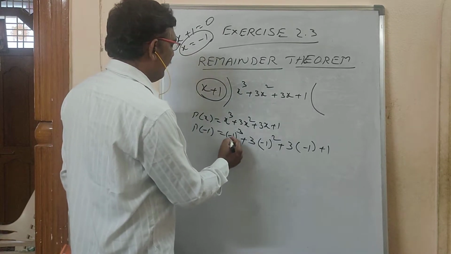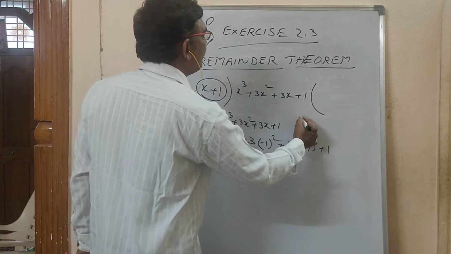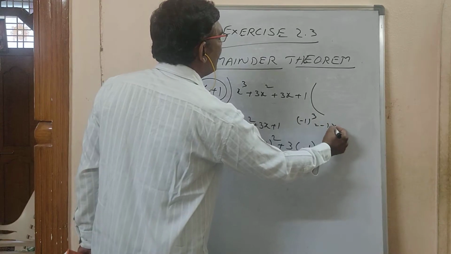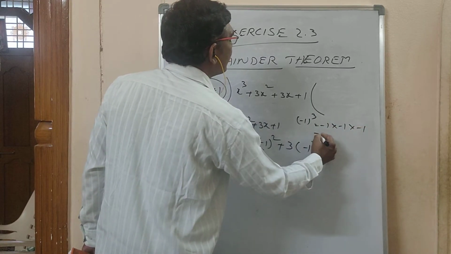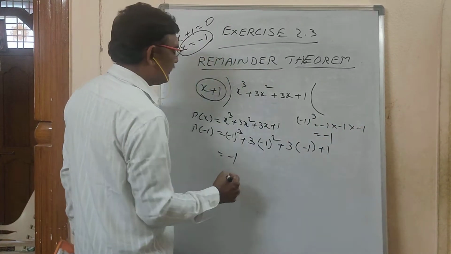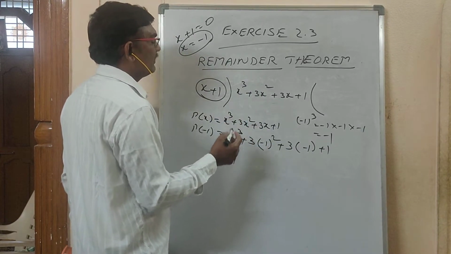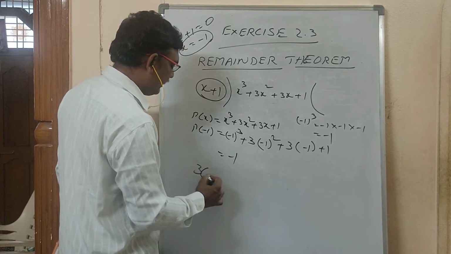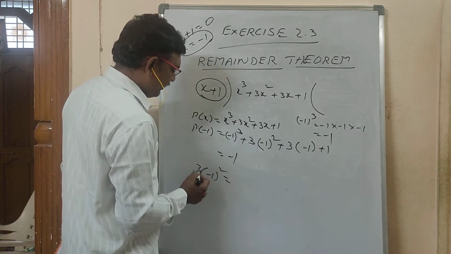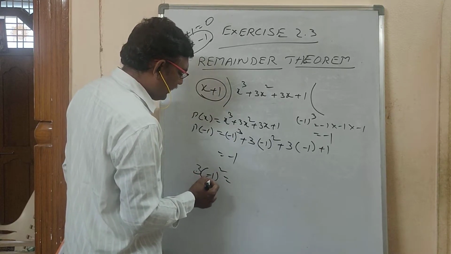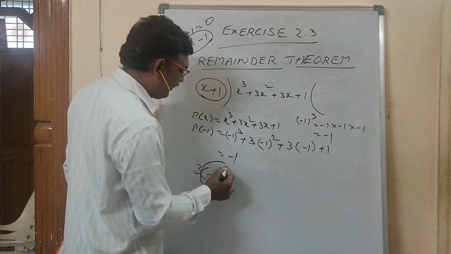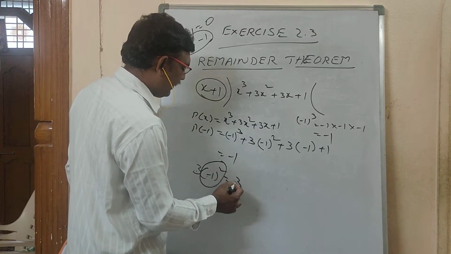Simplification. Minus 1 whole cube means minus 1 into minus 1 into minus 1. If you multiply, you get minus 1 only. 3 into minus 1 whole square: don't multiply 3 with minus 1 now. First simplify minus 1 whole square, keep 3 here only.